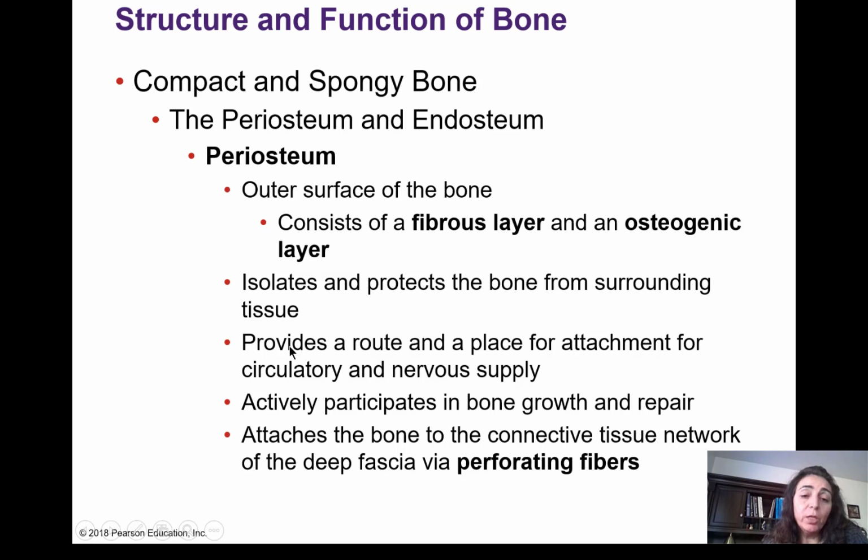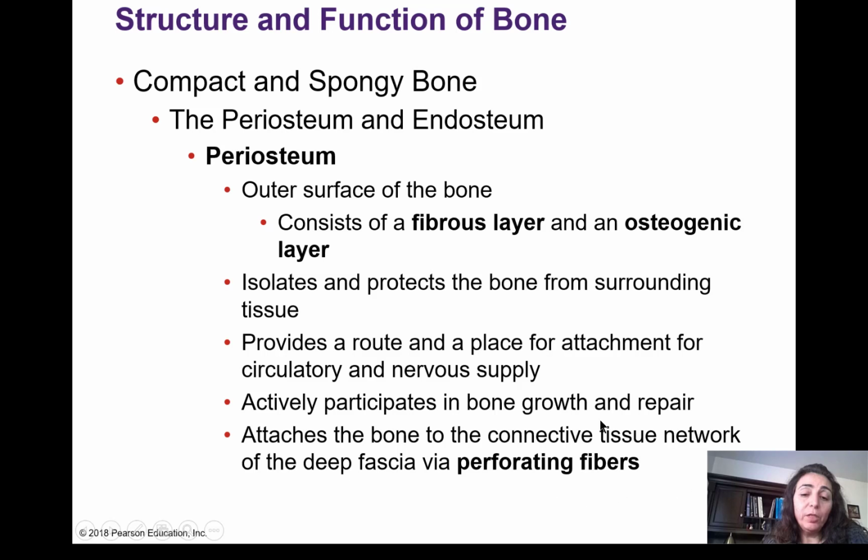Those are the functions: provides a route and a place for attachment of the circulatory and nervous supply. When they want to get inside of the bone, they have to pass through that. It actively participates in bone growth and repair because of all those osteoblasts and osteoprogenitor cells, and attaches the bone to the connective tissue network of the deep fascia through the perforating fibers.